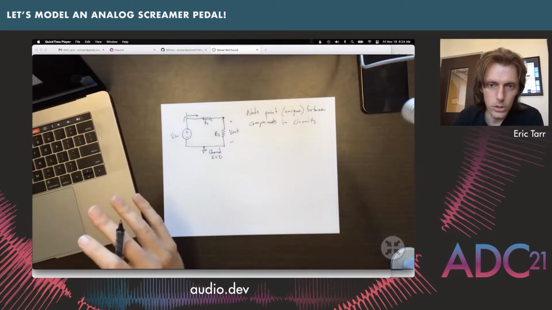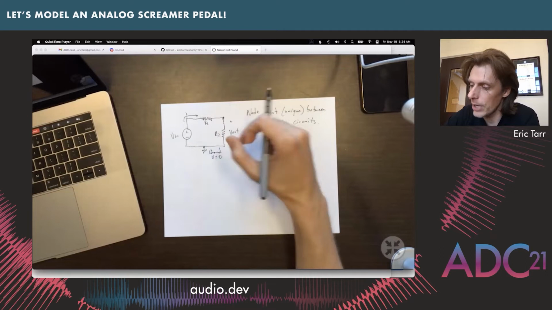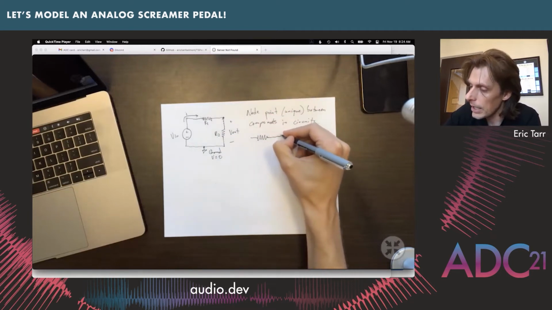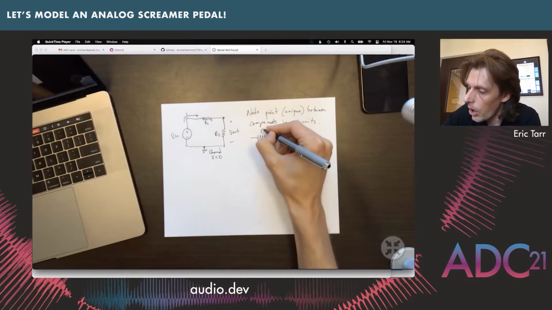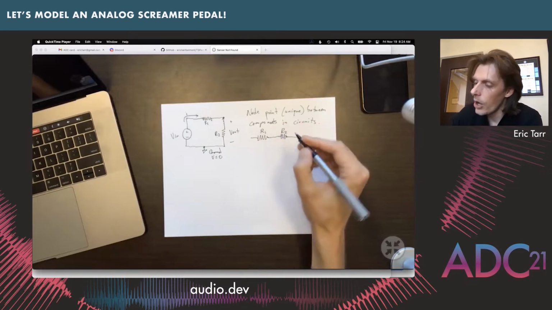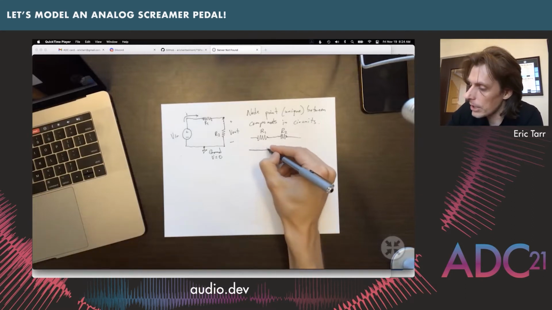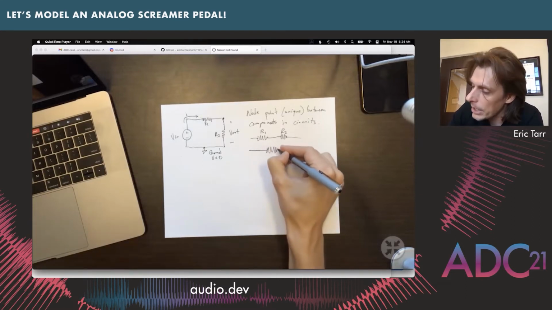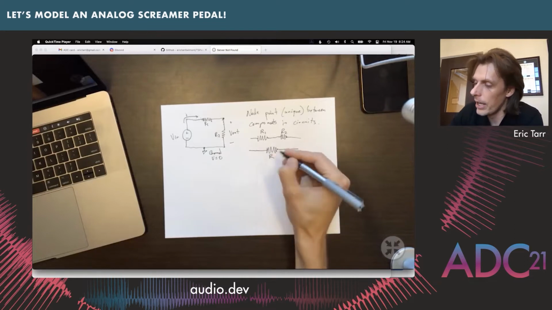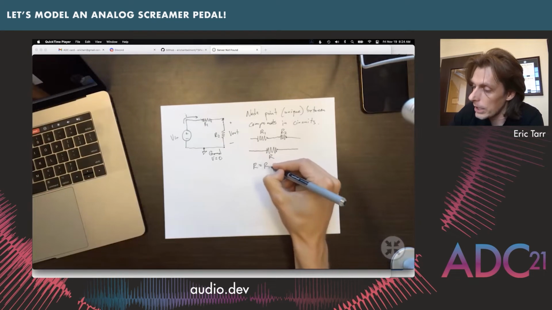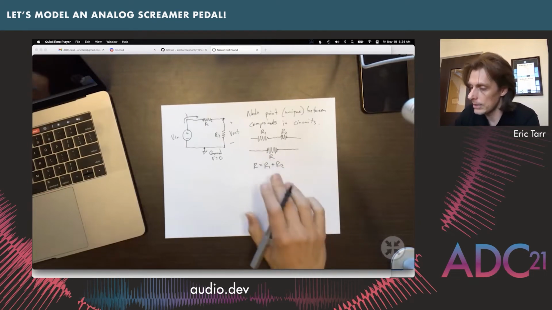One of the rules to know about with resistors is that if we have two of them together, like this, R1 and R2, we can temporarily combine them as part of our calculation into one combined resistance, I'll just call R, that is the sum of these two resistors. So R1 plus R2, like this.